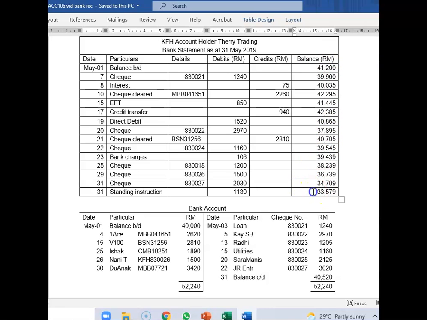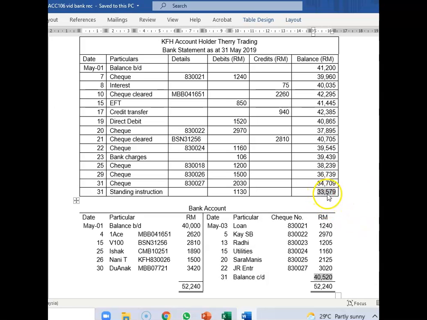Okay, you can see that the ending balance in these questions is 33,579. This is the ending balance of the bank statement. If you compare with the ending balance of the bank account that we prepare in our office, it's different.